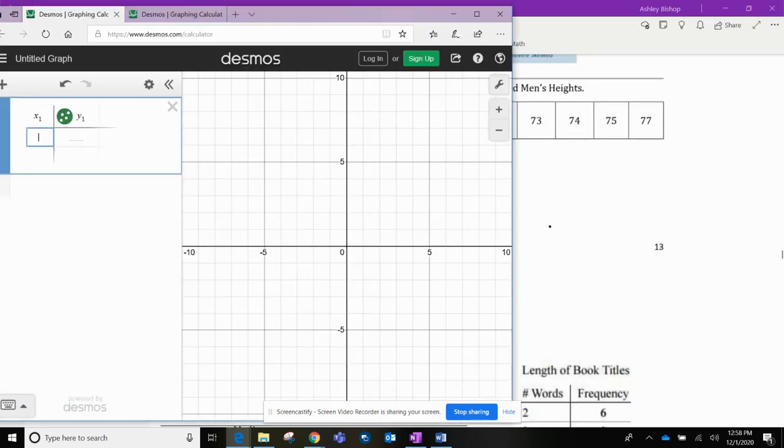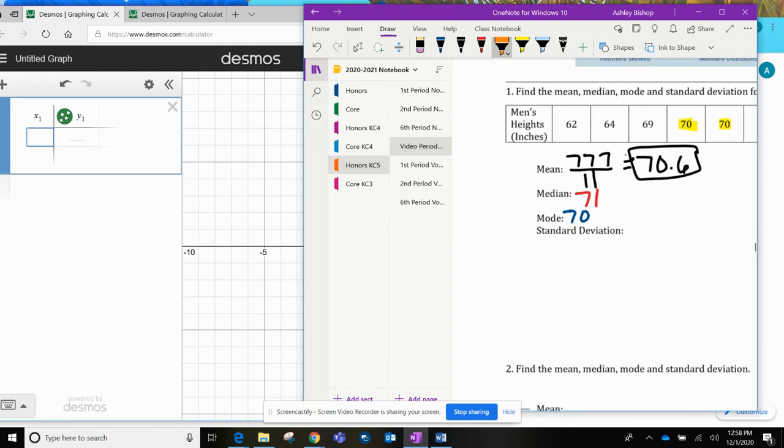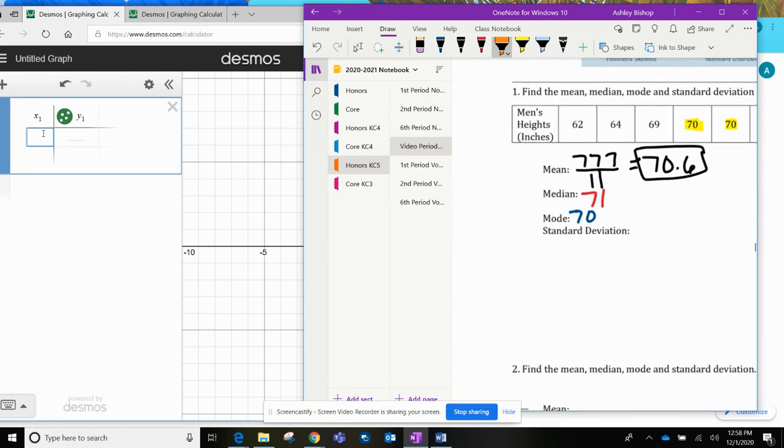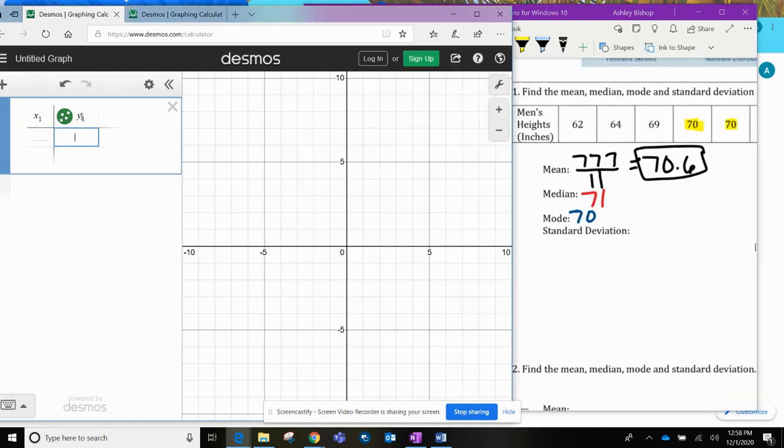And so I have all of this data over here, all of my heights, and I need to put that in this first column. I will not touch this second column here, but I'm going to go put all of my data in.